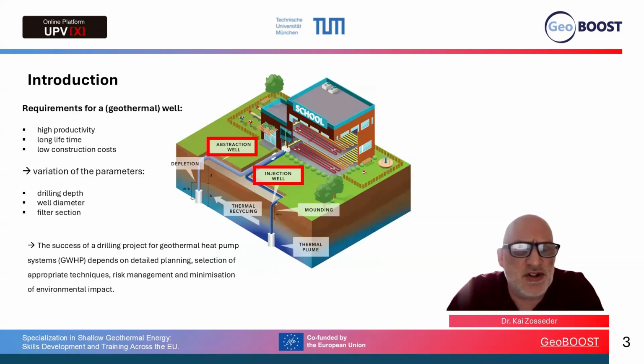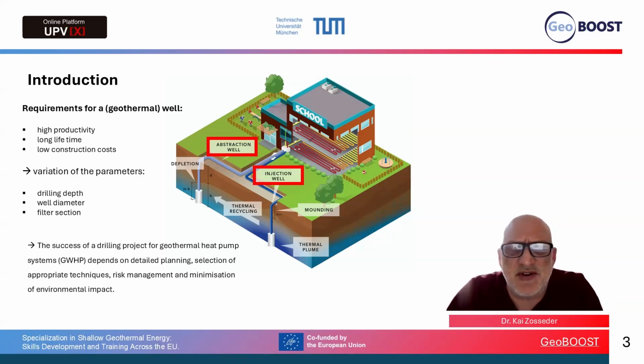First of all, what we want to have in such a well is a high productivity, a long lifetime, and, if possible, low construction costs. There are some variations of parameters which are important: the drilling depth, so how deep do we have to drill, the well diameter, and the filter section.